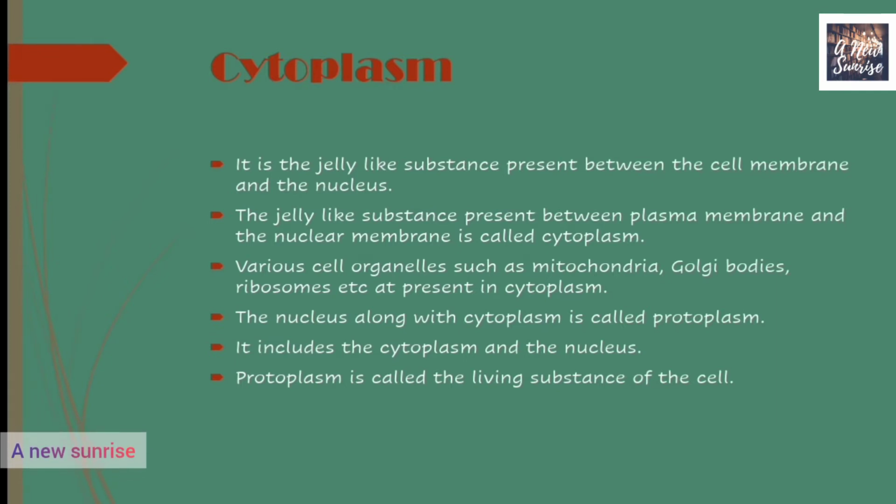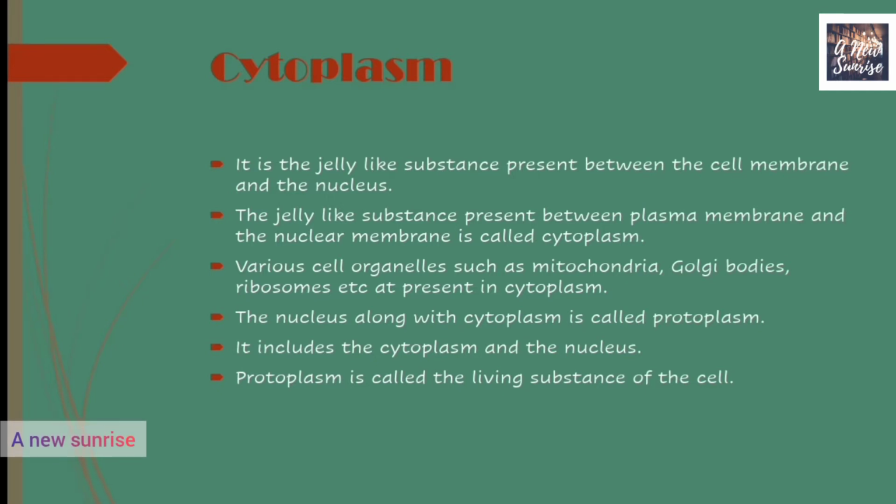Now let's see the definition of organelle. The membrane bound structures that float in the cytoplasm and perform a particular job in the cell are called organelles, or you can also say them as cell organelles. Now let us memorize the important points related to cytoplasm.